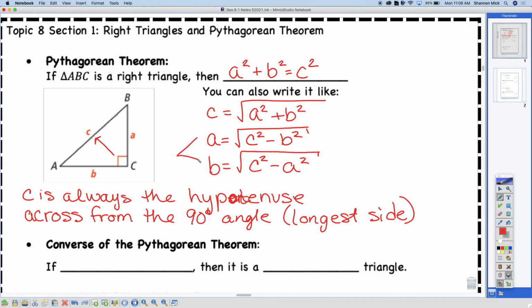Okay, so the converse means the backwards of this. So it was, if the triangle ABC is a right triangle, then A squared plus B squared equals C squared. So if, flip it around, A squared plus B squared equals C squared, then it is a what? Right triangle.